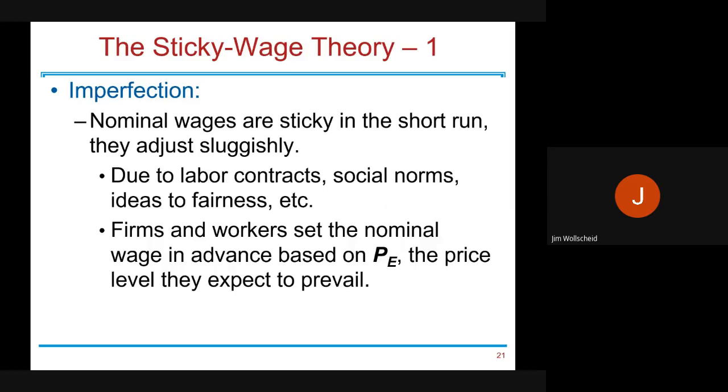So why does aggregate supply slope upward? Reason one, we'll call it sticky wage theory.